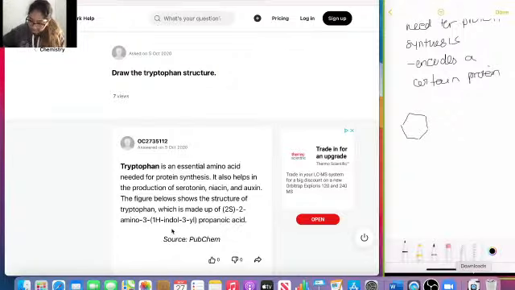You have a hexagon, a hexene, and then you have a pentene, and you have an HN over here, and you have a double bond right here.